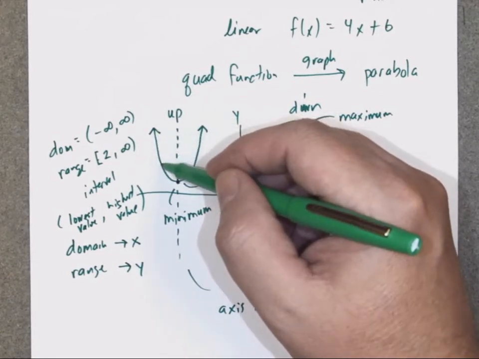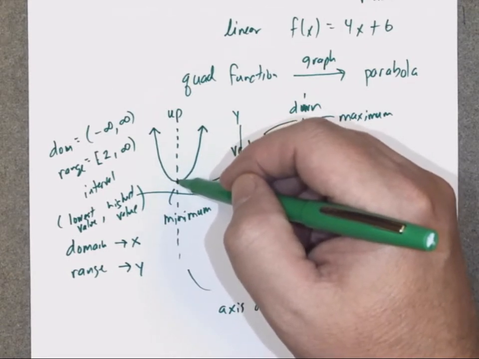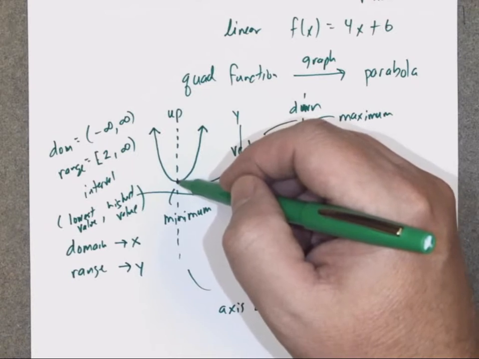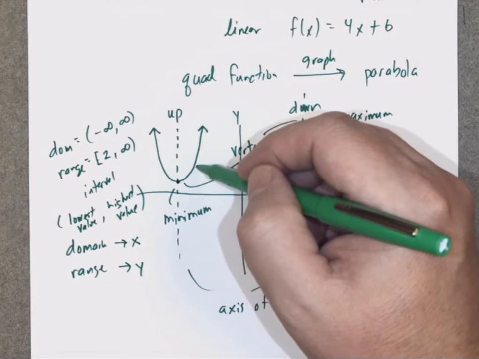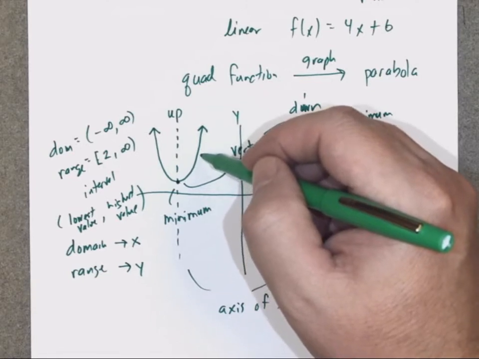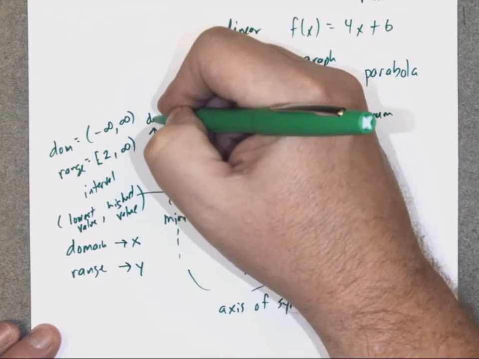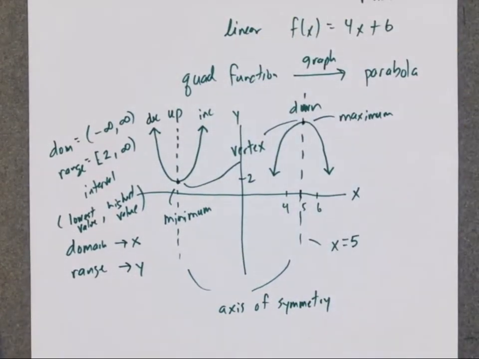So far, it's decreasing, decreasing until you get to the vertex. And then what happens after the vertex? As you keep moving to the right, the graph starts to go up. So all of a sudden now the graph is increasing. So for this half, it's decreasing. For this part of the graph, it's increasing.